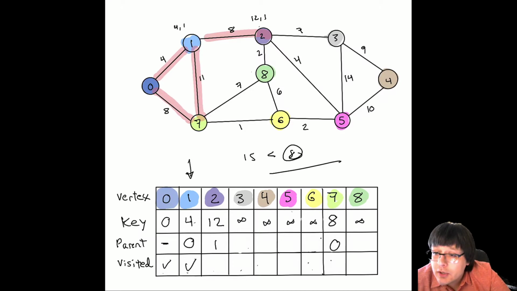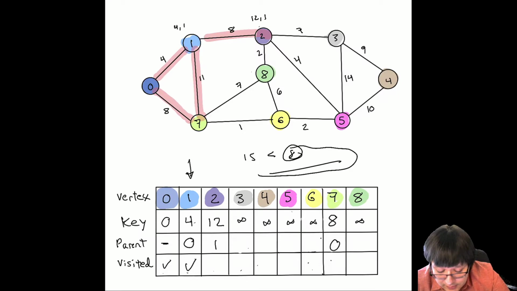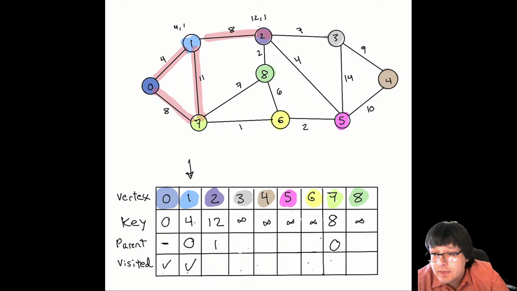The fact that we know that this is an 8 is because we have that stored. If we didn't have the key stored and we just had the parent and we said that, oh, well, there's a path from 7 to 0, you would have to recompute that path as well to be able to do this. So the fact that we remember that that takes a time of 8 is allowing us to compute this faster, is allowing us to basically achieve this in v squared time, I believe, thanks to dynamic programming. Okay?